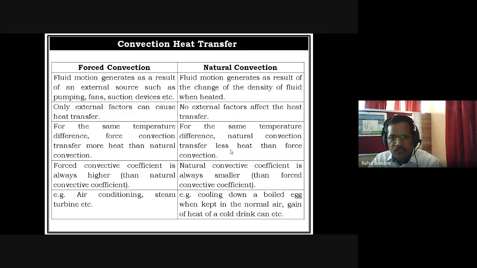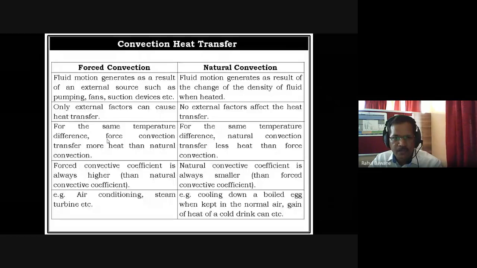But suppose the same 100 degree centigrade plate is there and the same 30 degree centigrade air, but we are using a blower, and we force the 30 degree centigrade air on that plate with the help of the blower, so it will cool down faster than with natural convection. That means heat transfer is more for the same temperature difference if we go for forced convection.